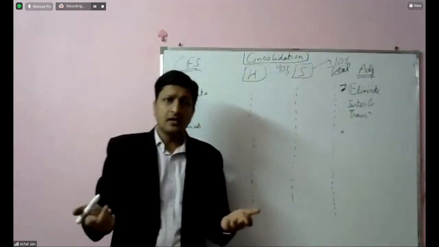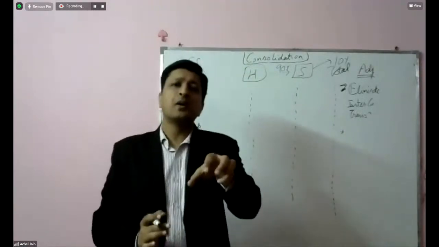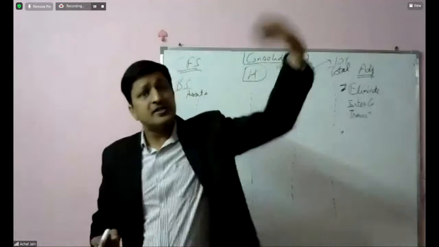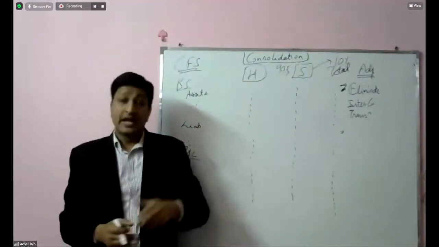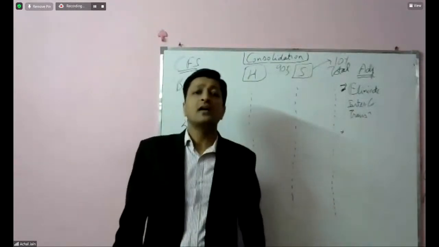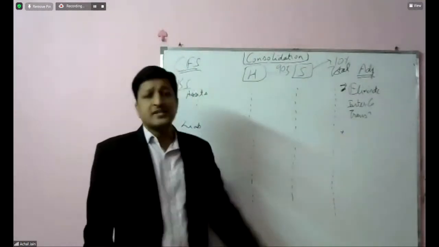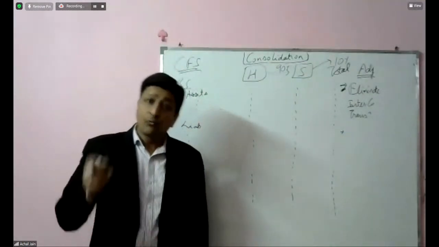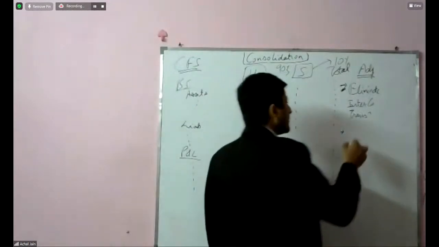In a way, this 10% clubbed together has to be computed as something belonging to the minority interest, and which is required to be shown separately on the face of the balance sheet. So that's why whenever all of these adjustments will have to be made, what is the additional adjustment which will have to be computed? Minority interest.